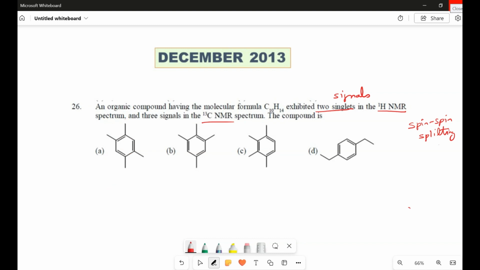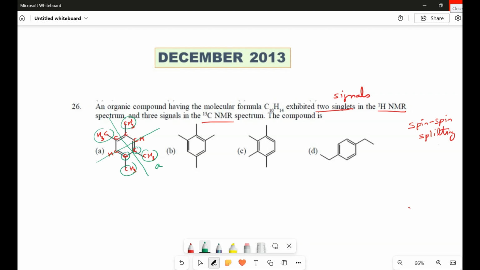But carbon, let's see. So you have a CH carbon, CH carbon. These are CH3, CH3, CH3, CH3, and you have a carbon here. Okay, don't forget the benzene carbon. Now I cut the molecule like this, and like this. All these carbons are the same, so they'll give a signal.